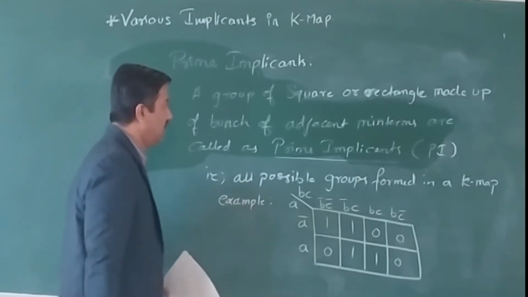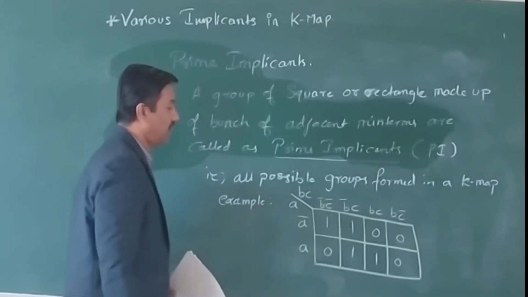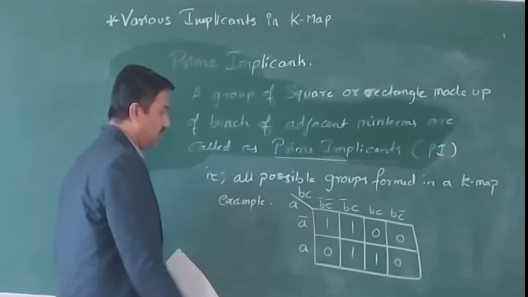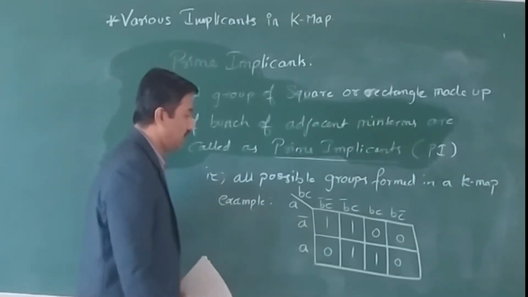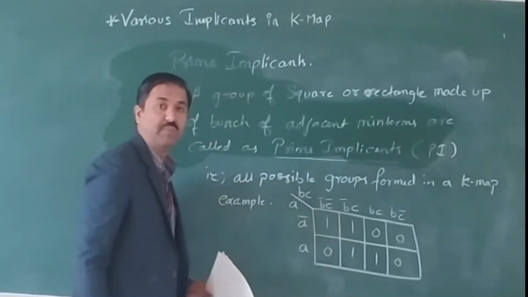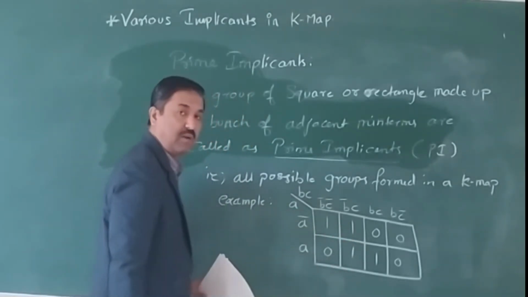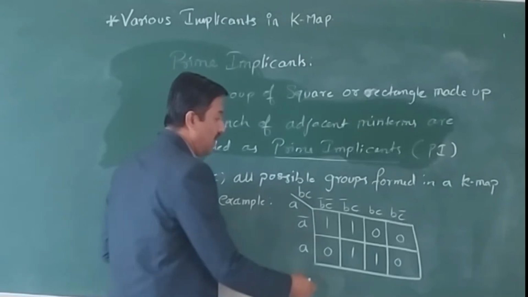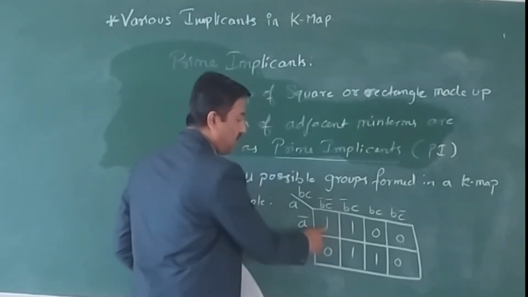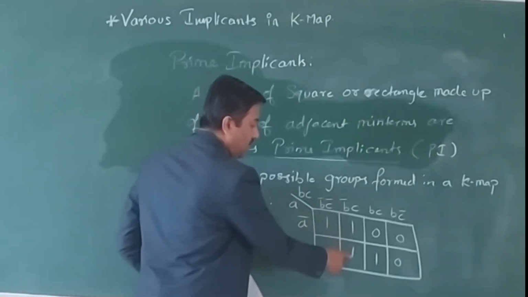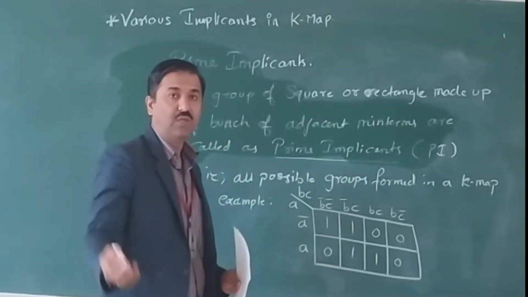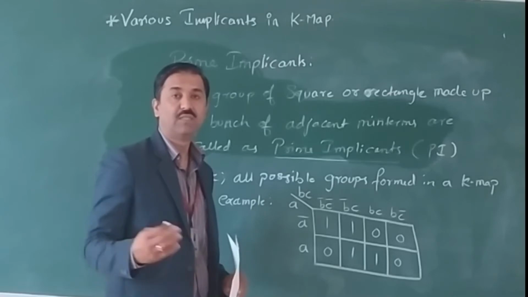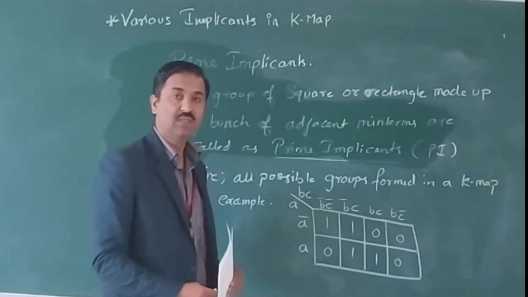Now if you can see, it is a group of square or rectangle made up of a bunch of adjacent min terms. You have to check for the adjacent min terms present in this particular K-map. For this one we have an adjacent one, and for this one we have an adjacent one, and for this one we have an adjacent one here. So try to group all the adjacent ones present in this K-map.